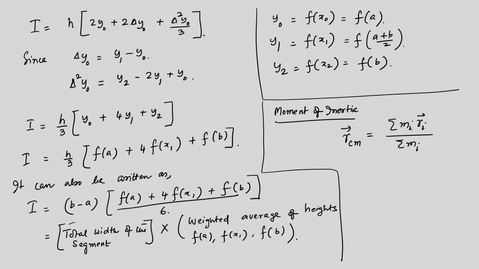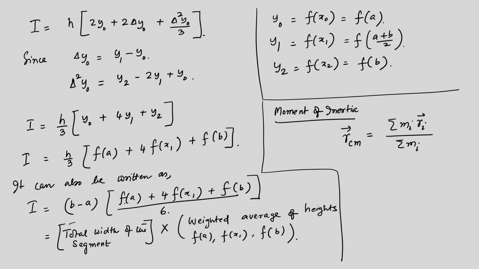What it means is that if there is a large mass as compared to all other masses, the position of the moment of inertia would be located closer to the bigger mass as compared to the other masses. And similarly, if all masses are equally weighted, then the R_CM will lie somewhere in the middle. So, this is that weighted average.